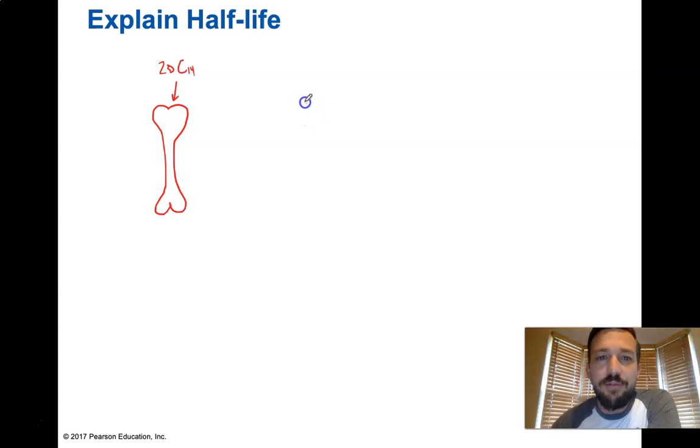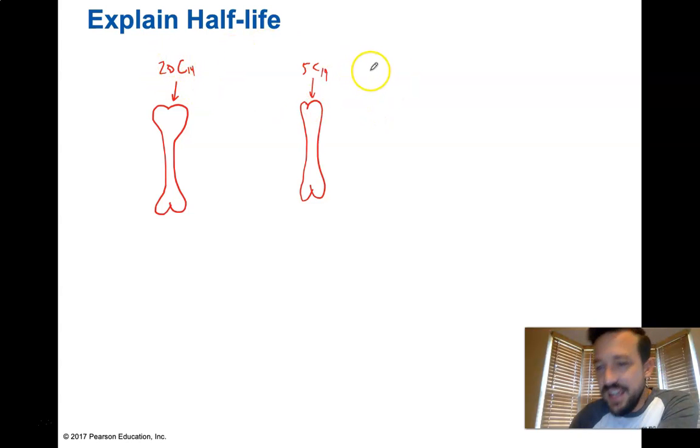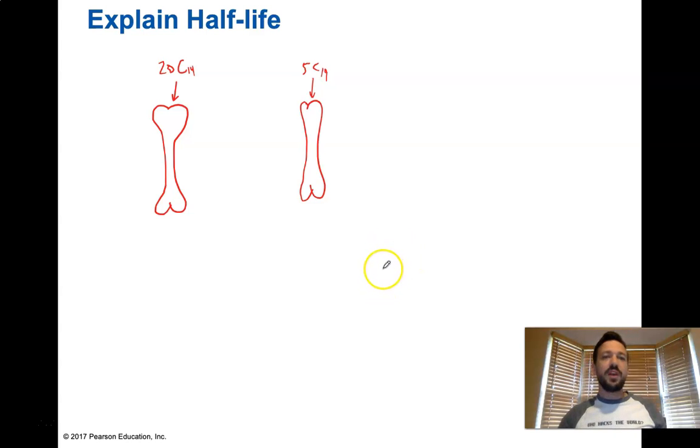But we went and found this other bone, and it should have the same 20 of them. But we started looking at it and we realized it doesn't have 20, it only has 5 carbon-14 atoms. That means 15 of them have disappeared. Well, not disappeared, but decayed into carbon-12 atoms.